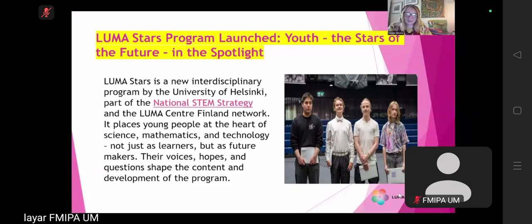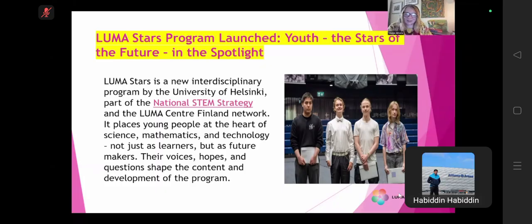We are listening to their voices, hopes and questions, shape the content and develop the program. And it's also our research study. We want to understand its relevance and how it promotes the scientific literacy in sustainable energy and also promote the understanding of climate change.